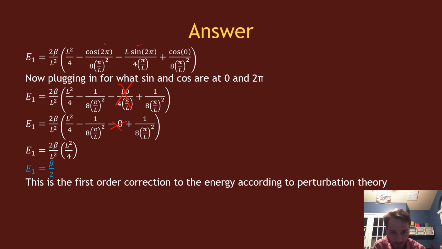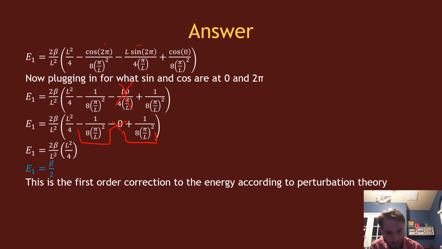And then cosine of 2 pi and cosine of 0 are just equal to 1, so those terms are left. But we see here that these two terms cancel with each other. I have plus 1 over 8 pi over L squared and minus 1 over 8 pi over L squared, so those cancel. So I'm just left with L squared over 4 is what that integral ends up being.